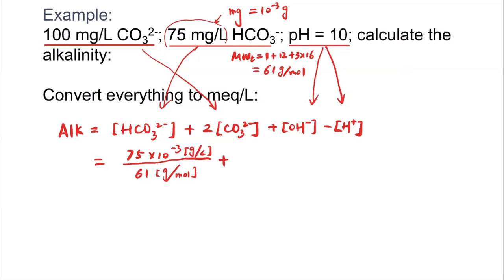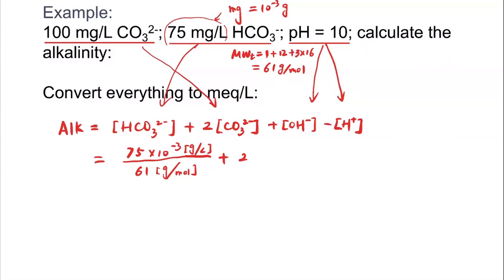Then we need to calculate the same thing for the carbonate ion species, right? So that's going to be 2 multiplied by 100 multiplied by 10 to the negative 3 gram per liter, and then divided by, not 100, it should be 60 gram per mole.